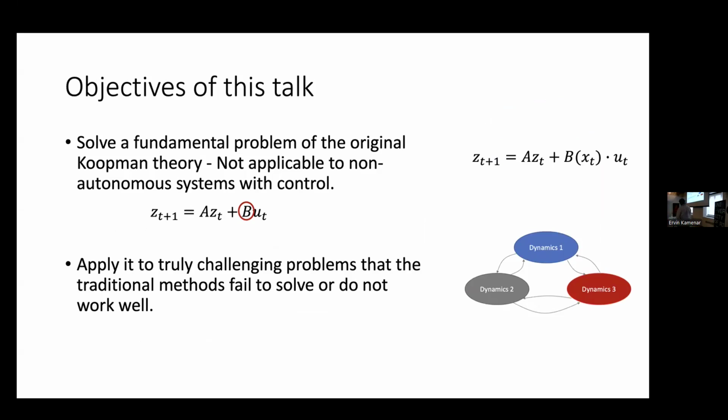We have nice controls, B times u_t, but B is in fact state dependent, and we just approximate it to a constant B, which doesn't work when B changes broadly. So people just look at more benign nonlinearity where B(x) doesn't change very much, but it's not very impressive in applications.